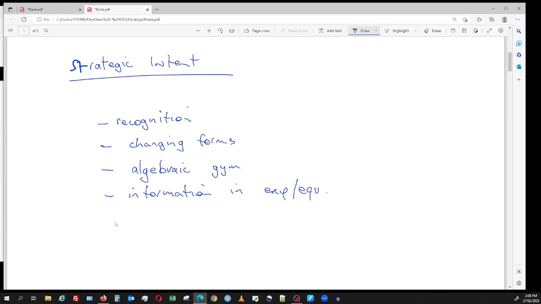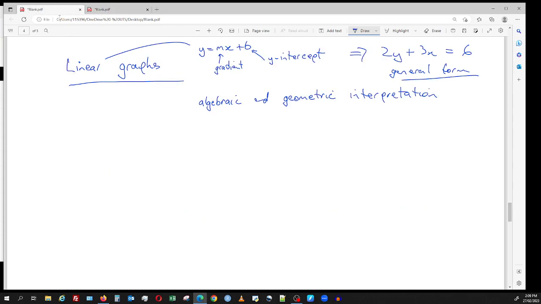So I'm going to put it down here as algebraic and geometric interpretation. And so we need all of this information. Now, it seems like a lot, I know.